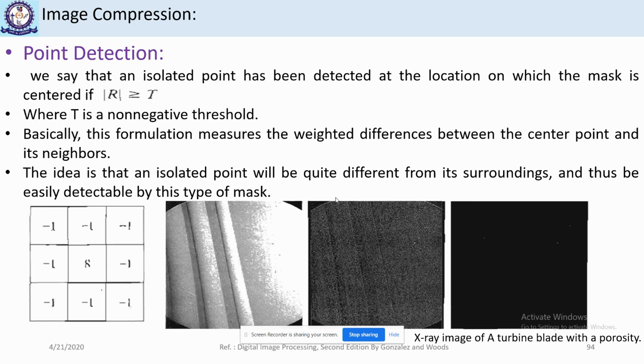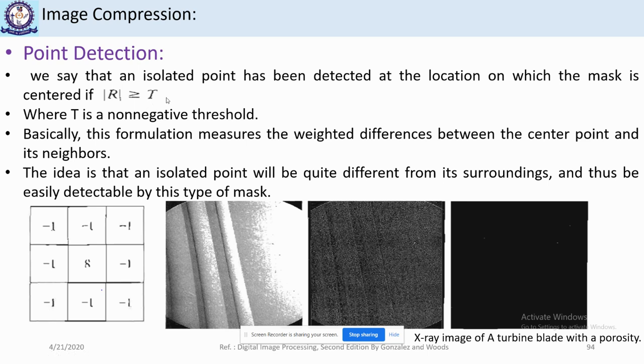Now, the first discontinuity we will discuss is point detection. So how do we detect a point? We say that an isolated point has been detected at a location on which the mask is centered if the magnitude of the response is greater than or equal to a threshold value.